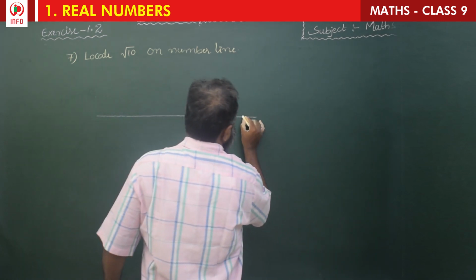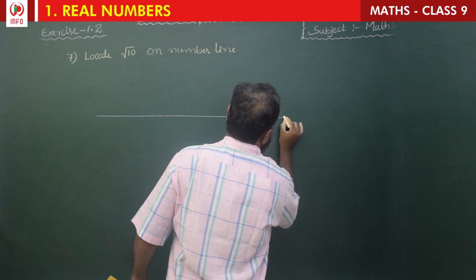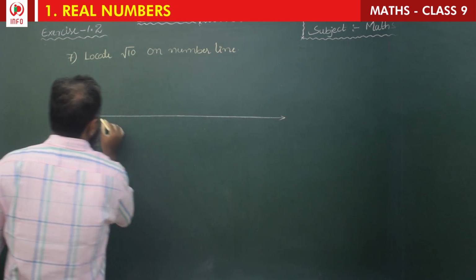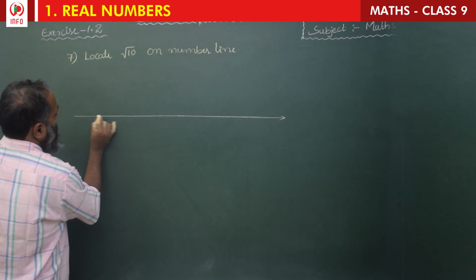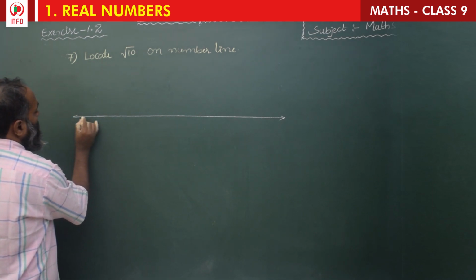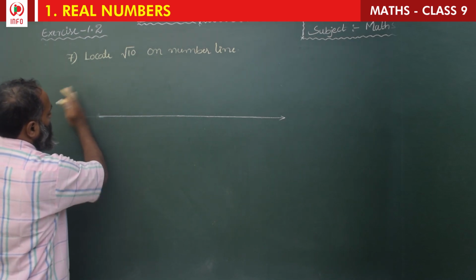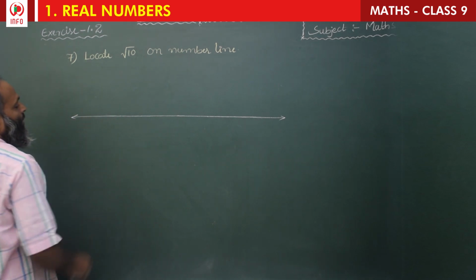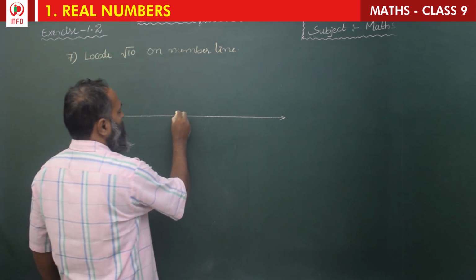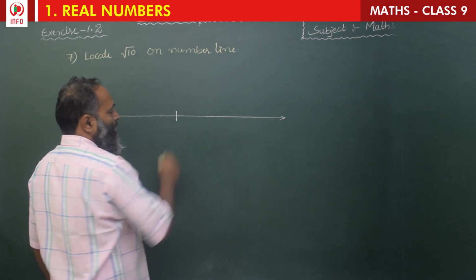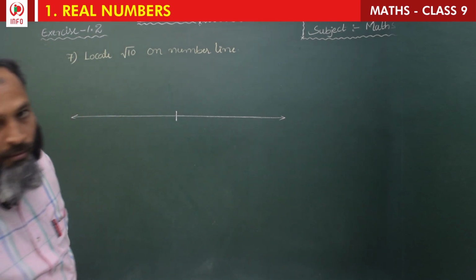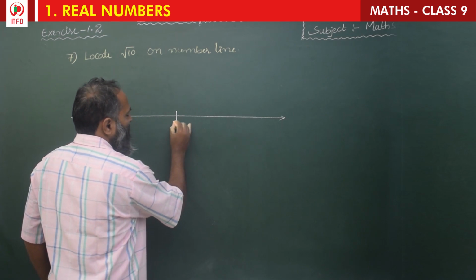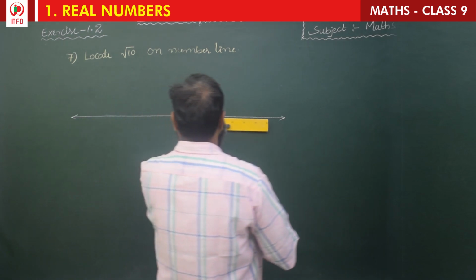Then after that, draw 0 in the middle. Then take 1 centimeter and mark numbers on the number line.